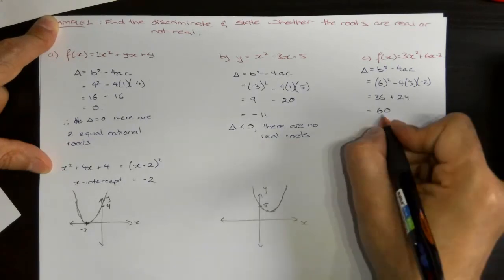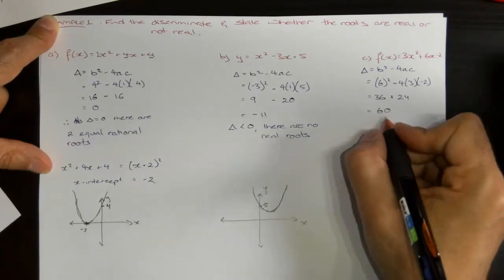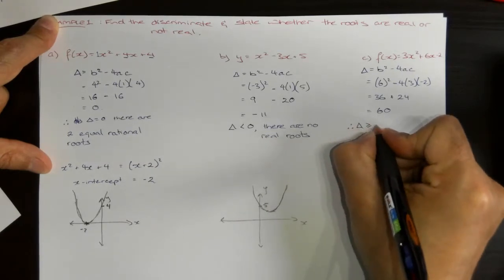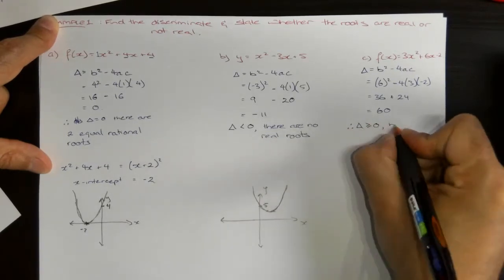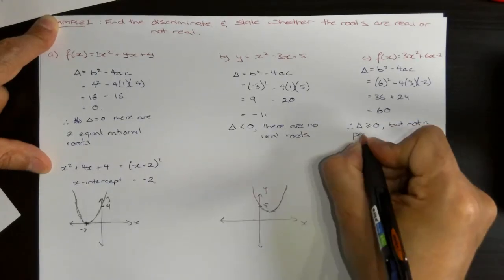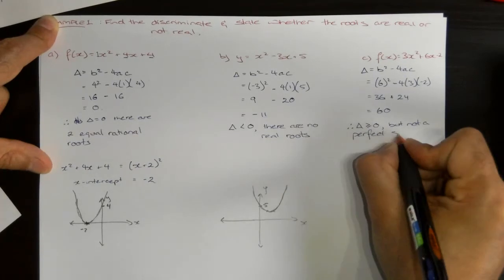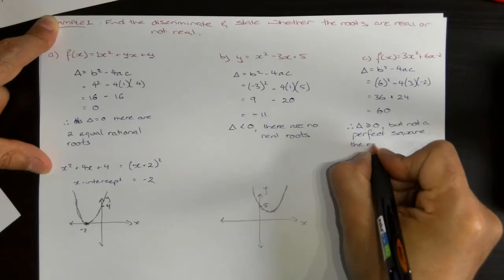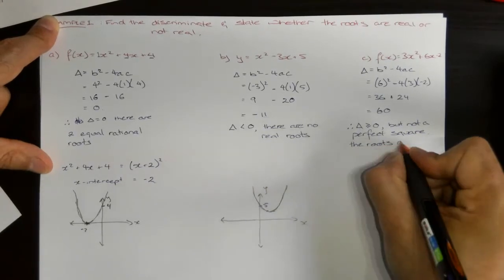Okay, so 60 is not a perfect square, and so therefore the discriminant is greater than 0, but not a perfect square, which means the roots are irrational.